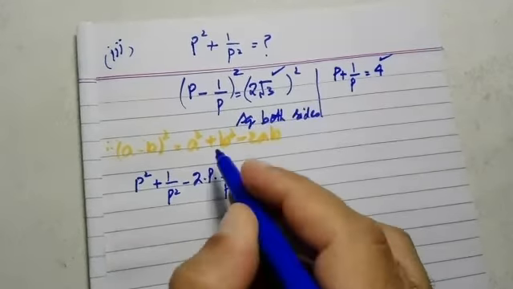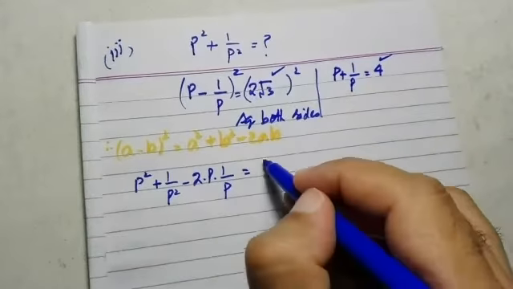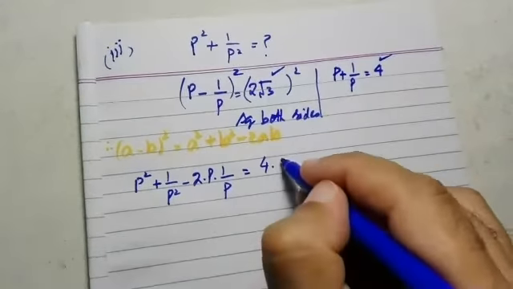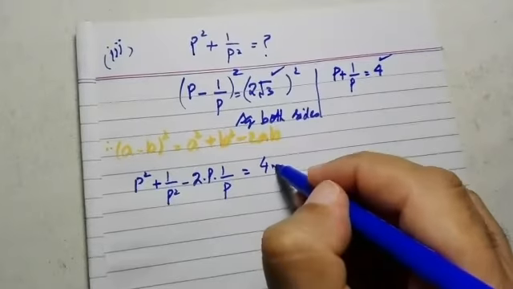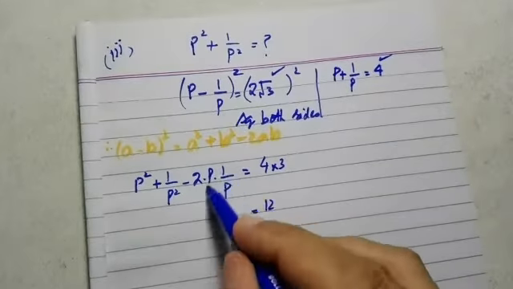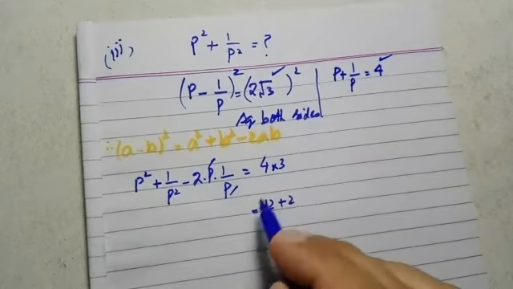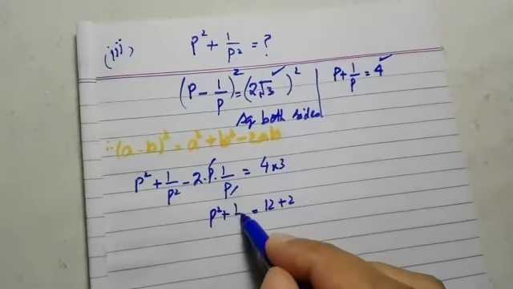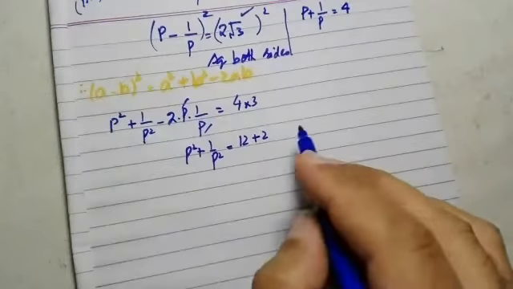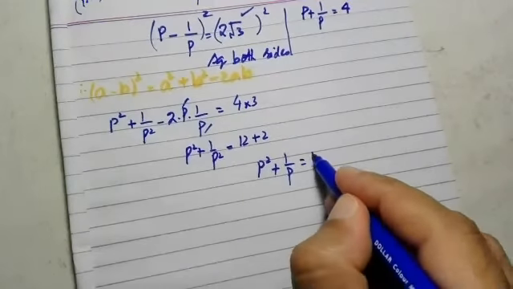By using this formula, the left hand side is expanded. And on the right hand side, 2 square will become 4, and under root 3 squared, the square root will cancel. You will only get 3 from here. So this will generate 12. The p's will be cancelled, so you will shift it to the other side. It will become p square plus 1 over p square. So our answer will finally become p square plus 1 over p square equals 40.